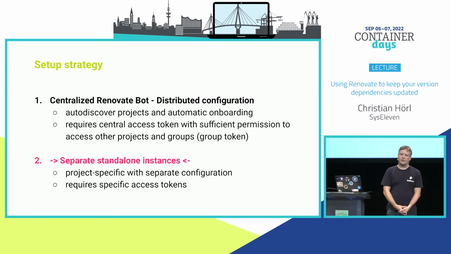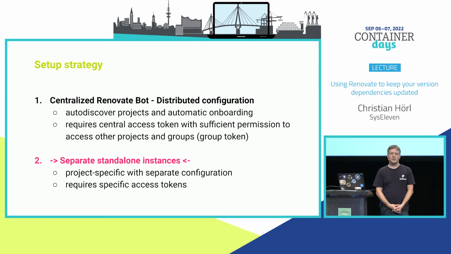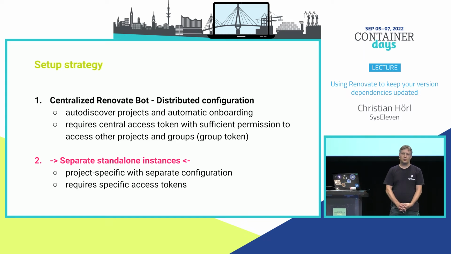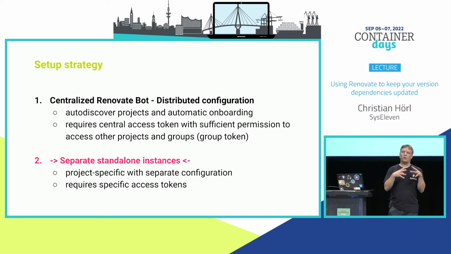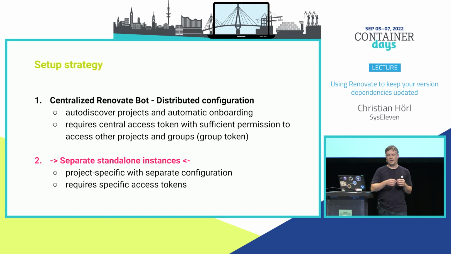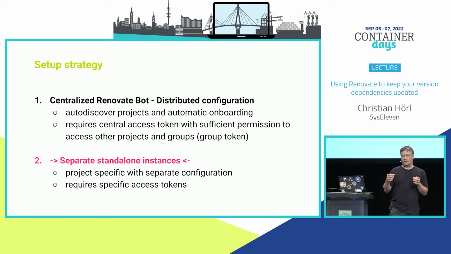So as I said, it can automatically discover other projects and give them their onboarding configuration. It requires an access token which has sufficient permission and access scope to other projects. This is really a good approach when you are controlling the whole GitLab instance on your own, or at least you're controlling many other GitLab projects on your own.